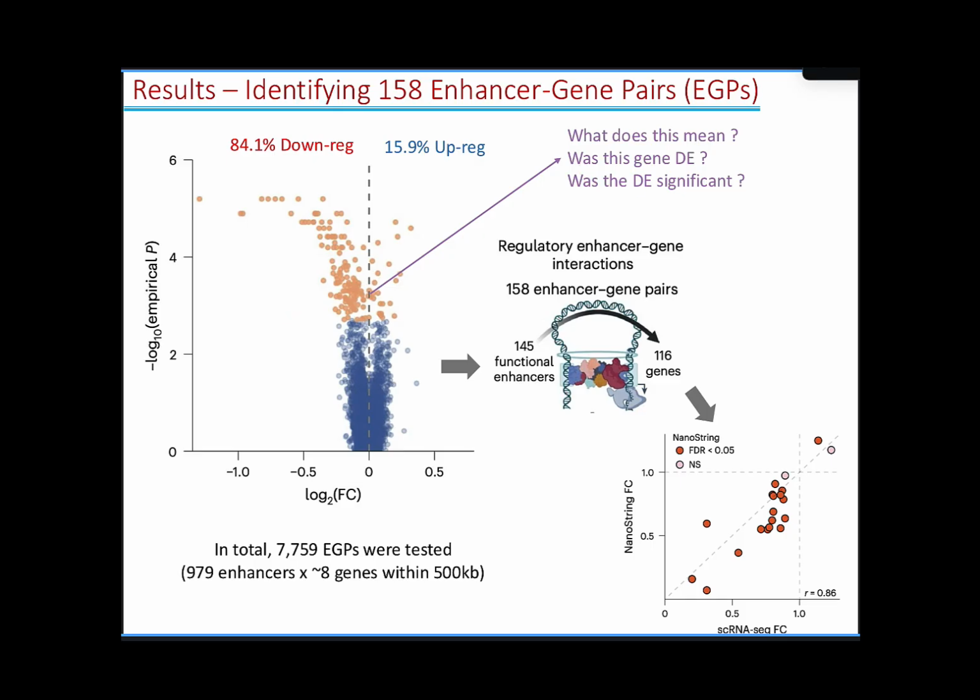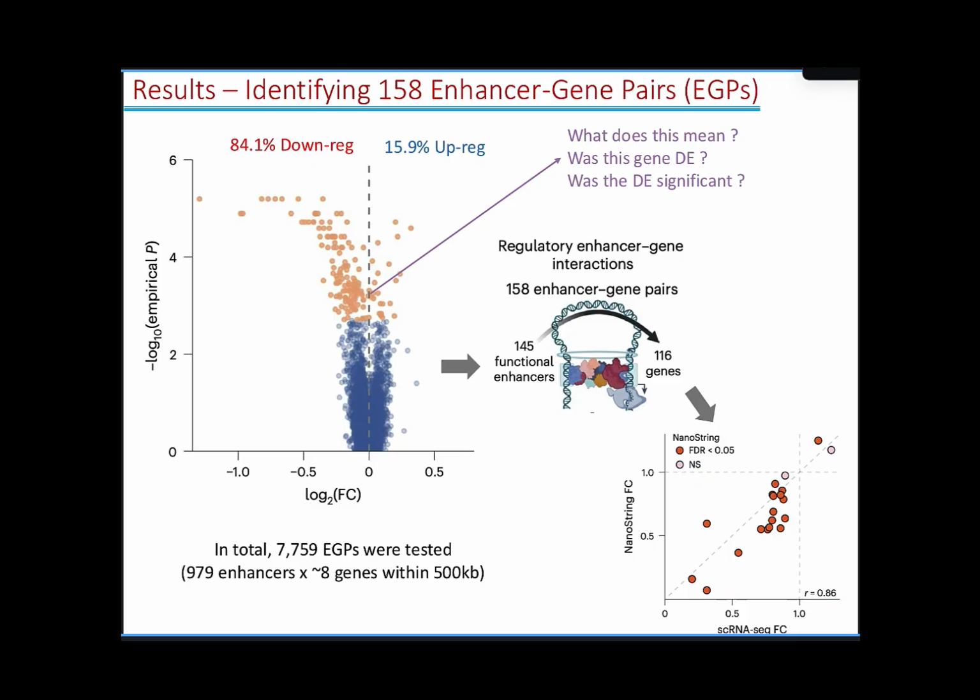So they said, all right, we're going to concentrate on the most statistically significant EGPs, right? We just want to make sure that these EGPs that we established are statistically significant. They set up a threshold, and all of those EGPs that made the cut represented 158 EGPs, or enhancer gene pairs, between 145 candidate enhancers and 116 target genes.